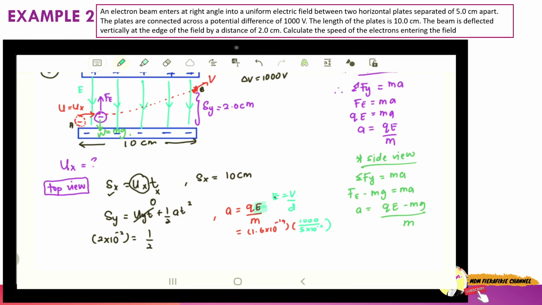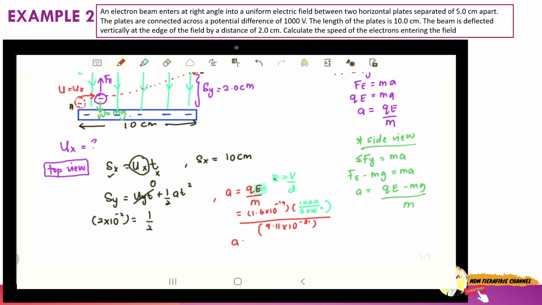So this one is 5 cm, and then over the mass. The mass is 9.11 exponent negative 31. And your acceleration should be equal to 3.513 times 10 power of 15.